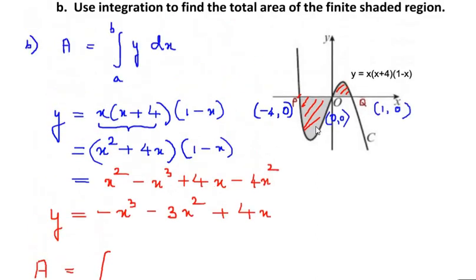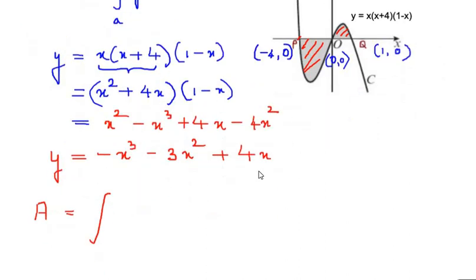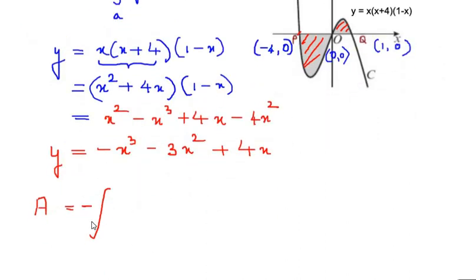The first one is for the negative curve, and remember for the negative curve you're going to take the integration as negative, and the lower limit for this one is negative 4 and the upper limit is 0, because the region extends from P to O. And now I am going to substitute the equation of y here, that is negative integral of (minus x cube minus 3x square plus 4x) dx. Remember, I have taken a negative because it is a negative curve.